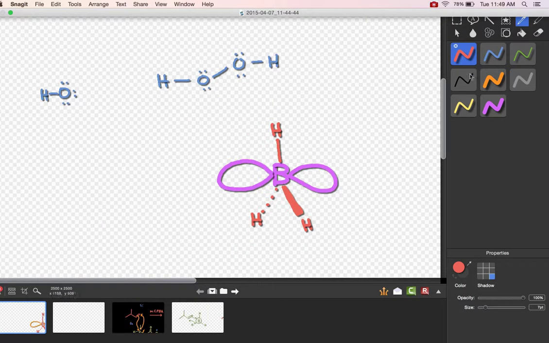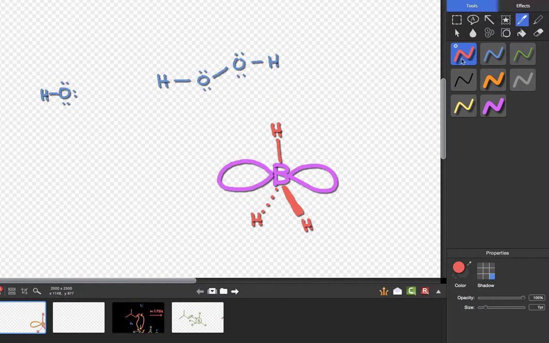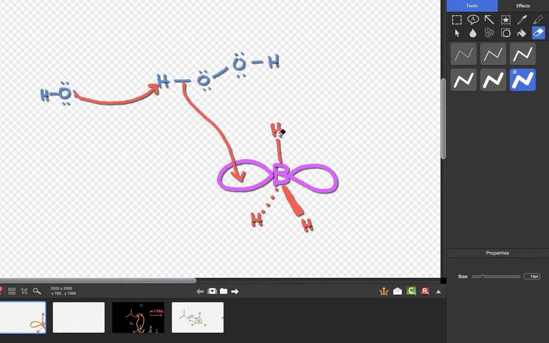Alright, so in the second series of reactions, hydroxide actually activates peroxide as a nucleophile with a simple proton transfer. And the electrons in this OH bond are now going to be used to nucleophilically attack the empty orbital in boron. This is going to lead to a tetrahedral intermediate. And I made one little mistake here. These are not hydrogens, these are the alkyl groups, so let's fix that right away.